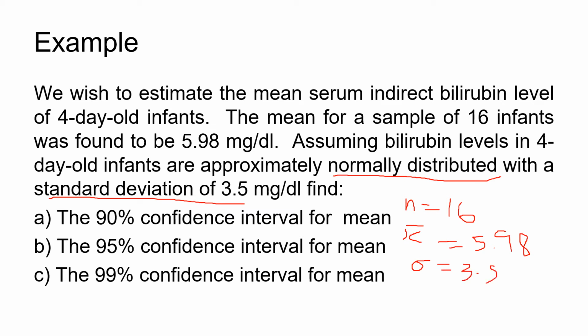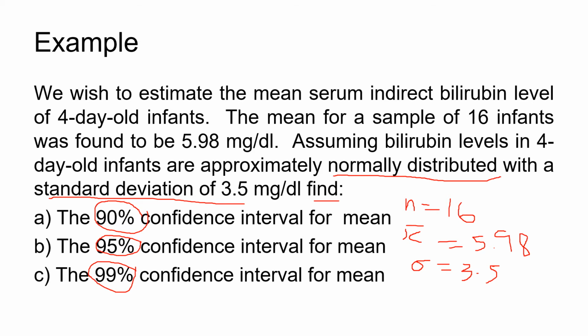So as you read, you must identify the values. Find the 90%, next is 95%, and next is 99% confidence interval for the mean. So I will show you the working for all three.